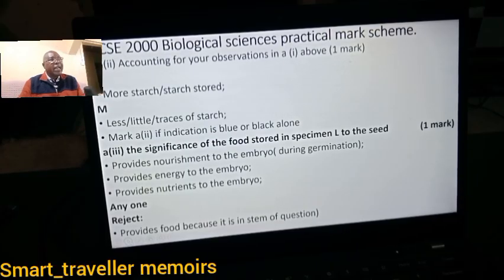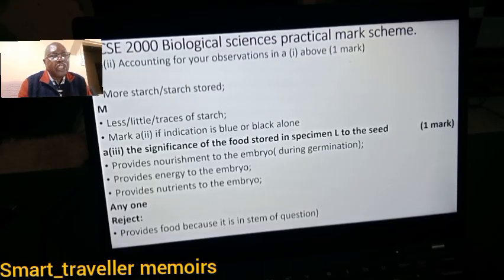3b, drawing and labeling the internal parts of specimen L. We will also start with the guidelines. For you to get the drawing mark, the accuracy needed is continuous outline, no shading, should be proportional, endosperm should be larger than cotyledon.